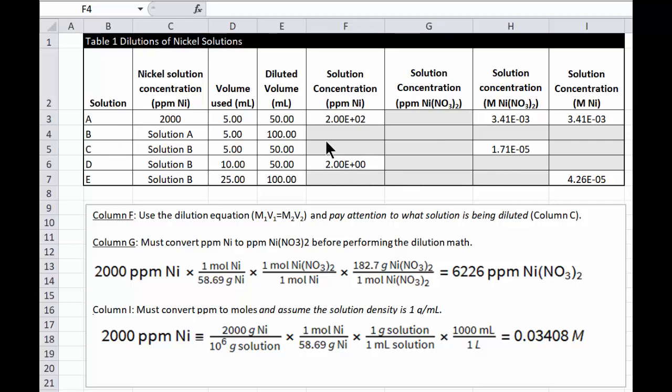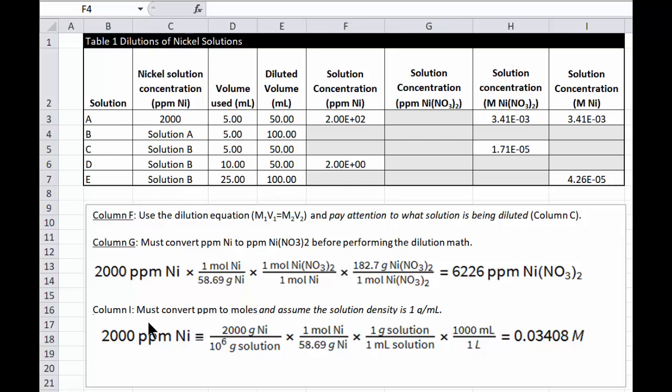In this type of table, I do recommend that we calculate values down the columns first as opposed to going across in rows, because the math is the same for all the cells in column F, and then everything in column G is done the same, and this allows us to focus on one particular problem at a time.